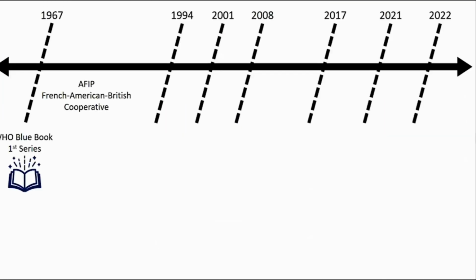All right. So starting off with the Blue Book series, the first edition, these really started in like 1967 to 1981. Heme was notably absent.